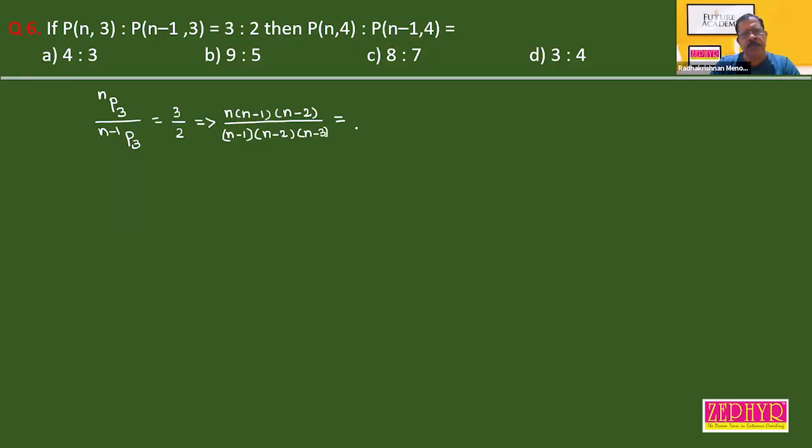It is given that this is 3 by 2. Okay. Here, n minus 1 into n minus 2 is getting cancelled. Now, when you cross multiply, we are getting 2n equal to 3n minus 9, which implies n equal to 9. Okay.